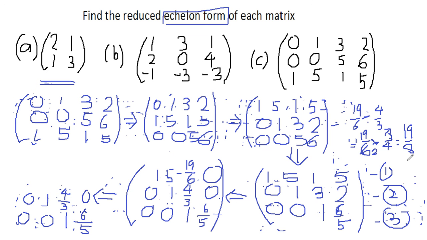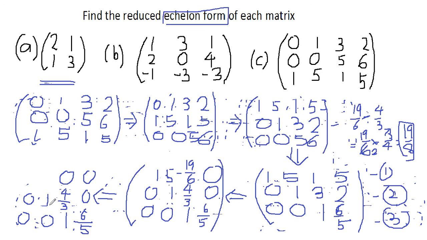So in other words, we must multiply 19 over 8 of row 2 and add to row 1 to eliminate the z variable here. So first, 19 over 8 times 0 equals 0. 0 plus 0 will give me 0. And 19 over 8 times 4 over 3 will give me 19 over 6. 19 over 6 minus 19 over 6 will give me 0.